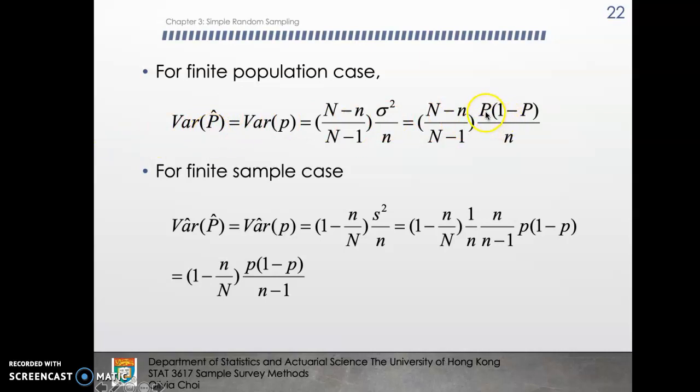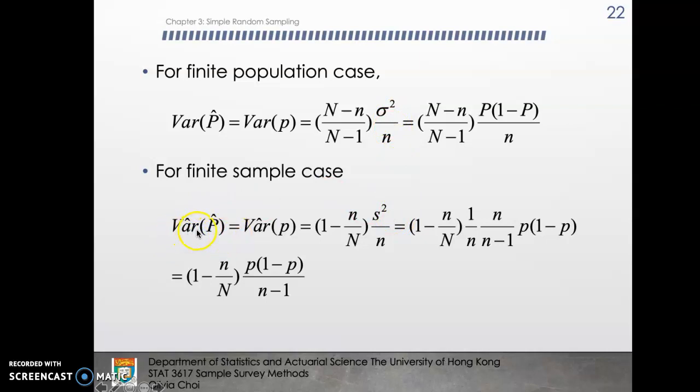But this is given that sigma square is known, that is, similarly saying that the population proportion is known. And if sigma square, or the population variance, is not given, then we can use the s square to estimate the variance.